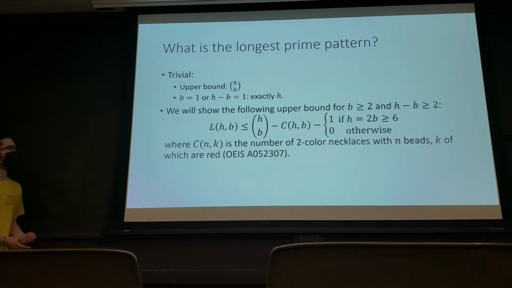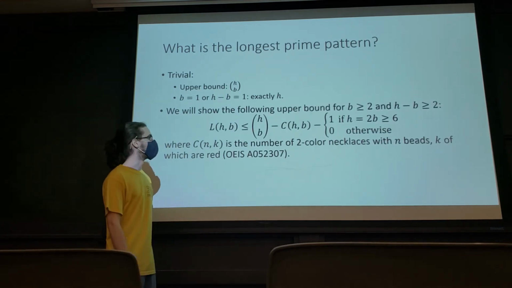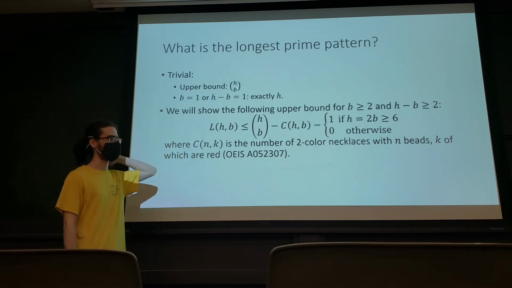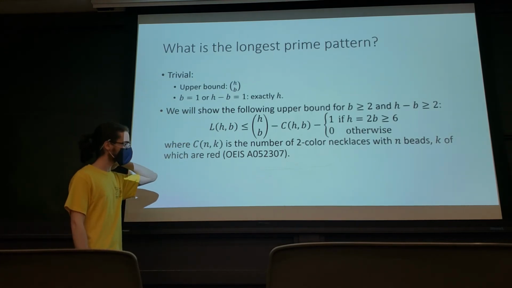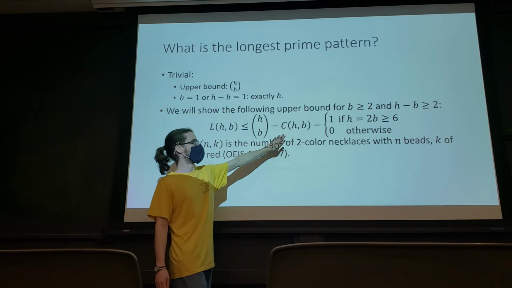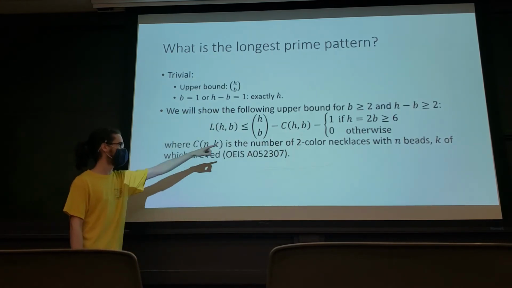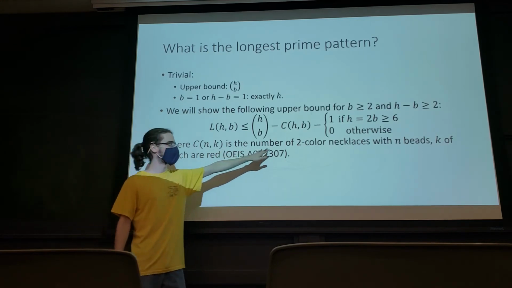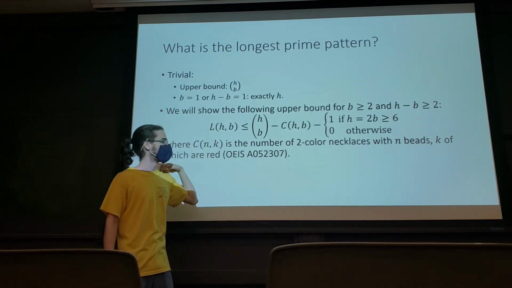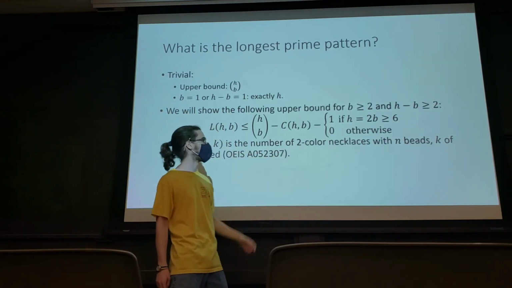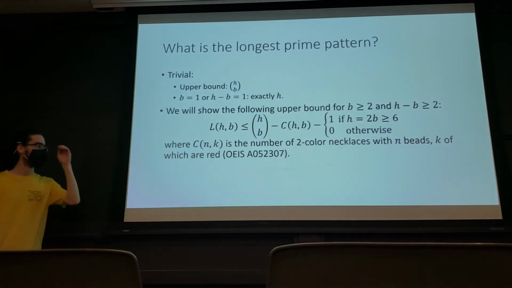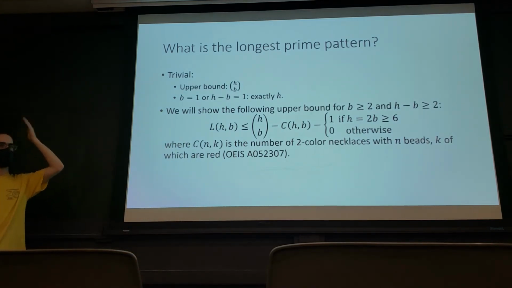So we're going to show the following upper bound. The length of the longest prime pattern is at most h choose b, and we have these two correction terms, minus c of h, b. It's the number of two colored necklaces with h total beads, b of which are ones. We'll see where that comes from.